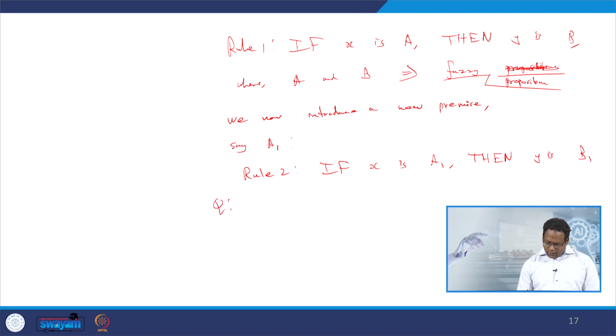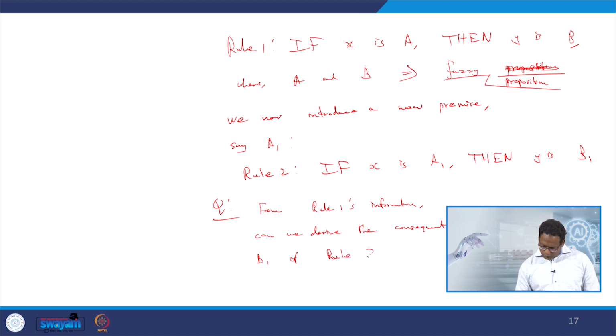Now, the question I have here is, we have two rules, and the first rule is if x is A, then y is B. Likewise, rule 2 is if x is A1, then y is B1. So, from the information of rule 1, can we derive the consequent, say B1 of rule 2?